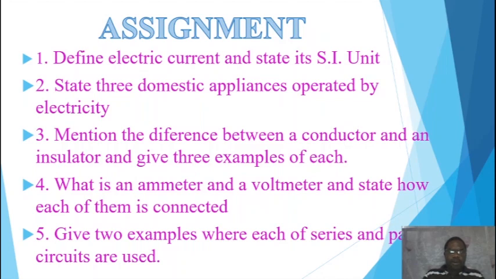Number 4, what is an ammeter and a voltmeter? And state how each of them is connected. Then number 5, give 2 examples where each of series and parallel circuits are used.